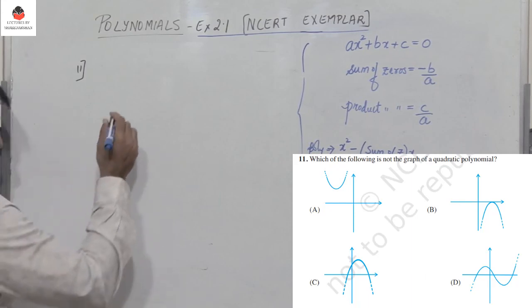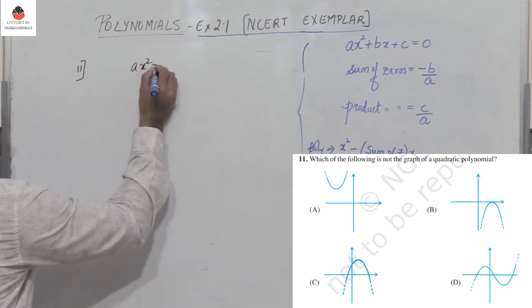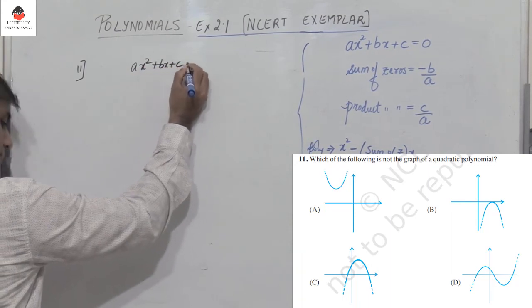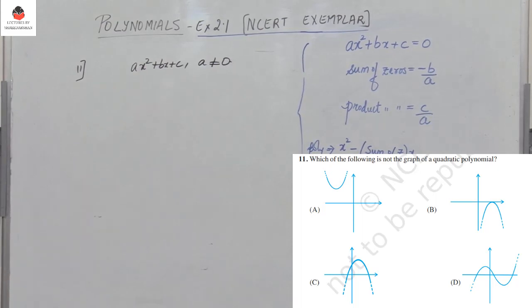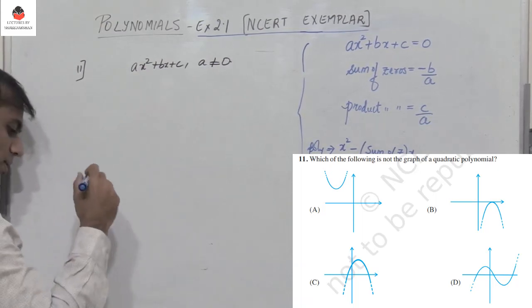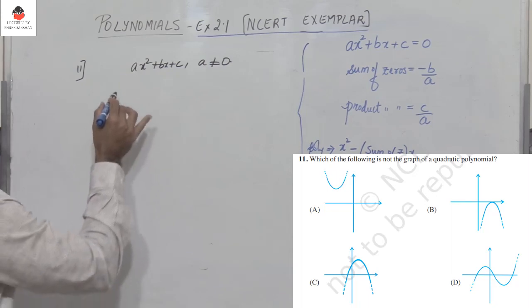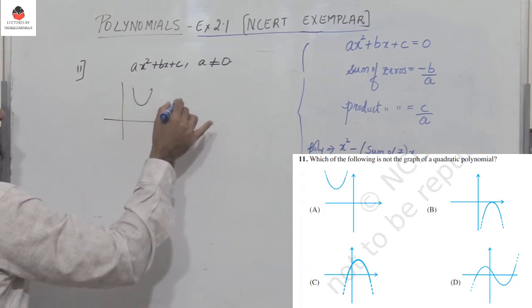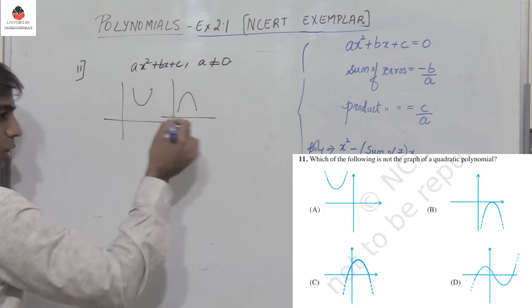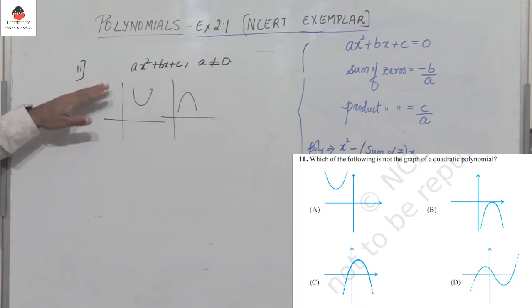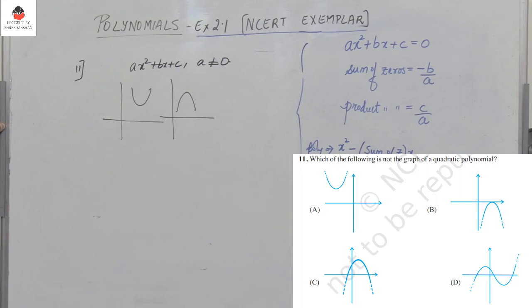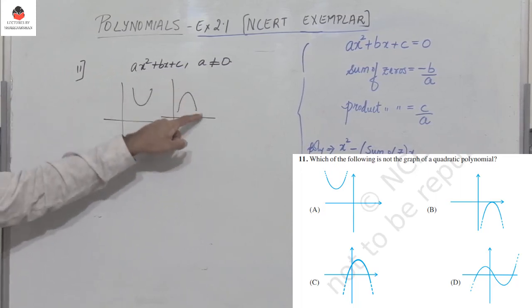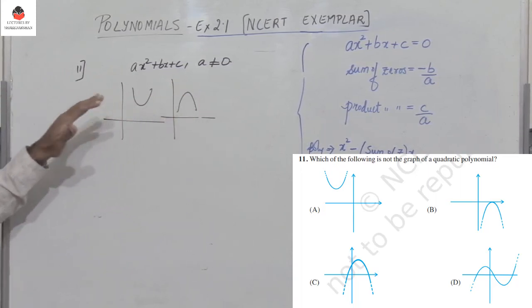Now any quadratic polynomial is of the form ax square plus bx plus c, where a is not equal to 0. And we find that this quadratic polynomial will always correspond to a curve which is of this form, a U or an inverted U. So any quadratic equation of the form ax square plus bx plus c will always correspond to a curve of the form U or an inverted U, and these curves are called parabolas.